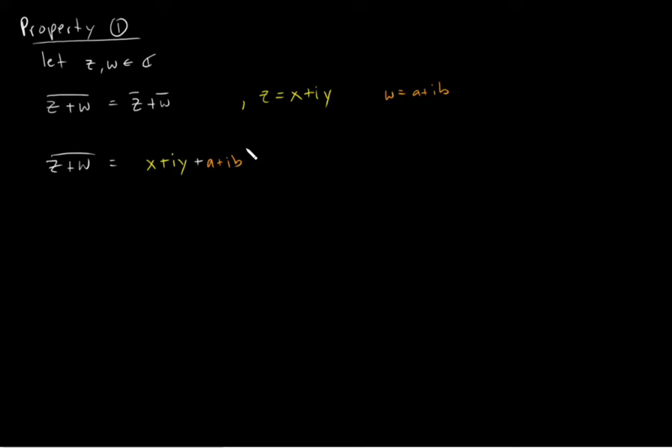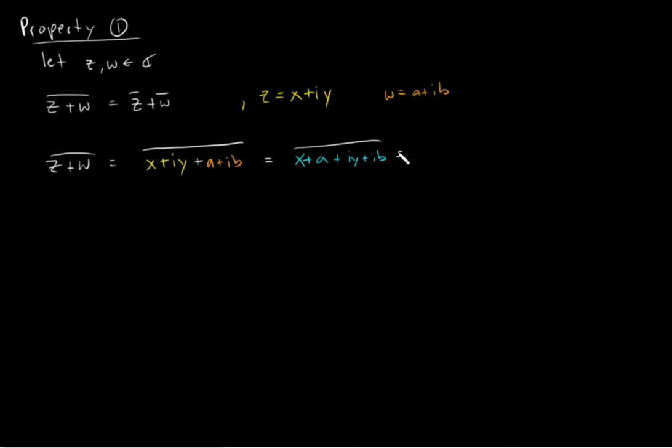And we still need to write the conjugate bar on top because we have not taken the conjugate. Combine the real parts with the real parts and the imaginary parts with the imaginary parts. So we end up with x plus a plus, and then we can say we have iy plus ib. And we still haven't taken the conjugate, so make sure that bar is still up top.